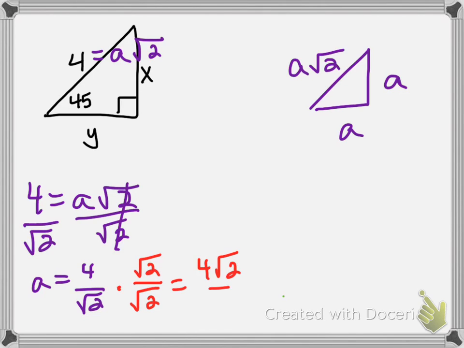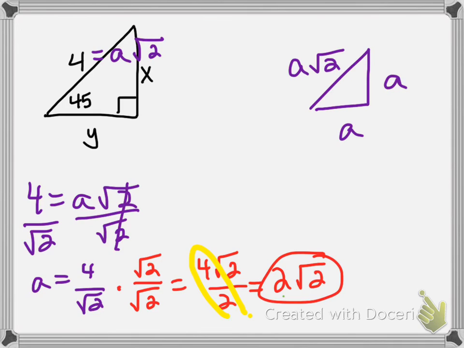In order to solve this problem, we're going to multiply by square root of 2 over square root of 2. The square roots on the bottom cancel. Now we can reduce using a calculator or by hand because 4 over 2 is just 2. And so we get 2 square root of 2.